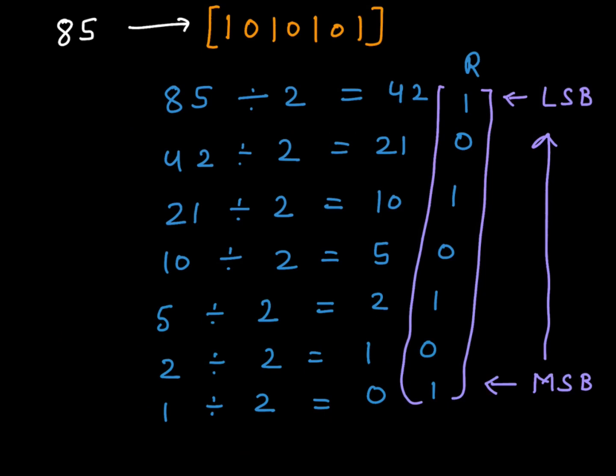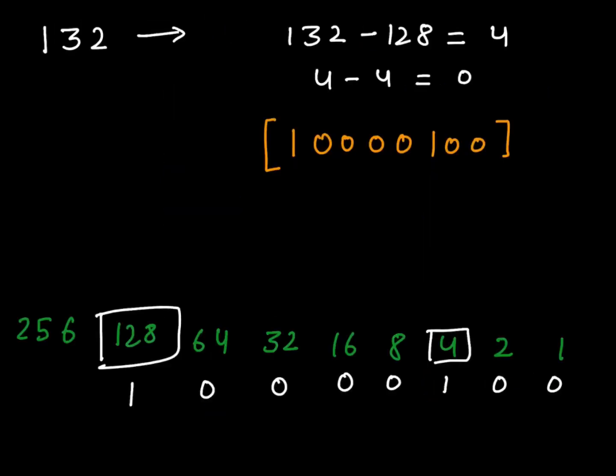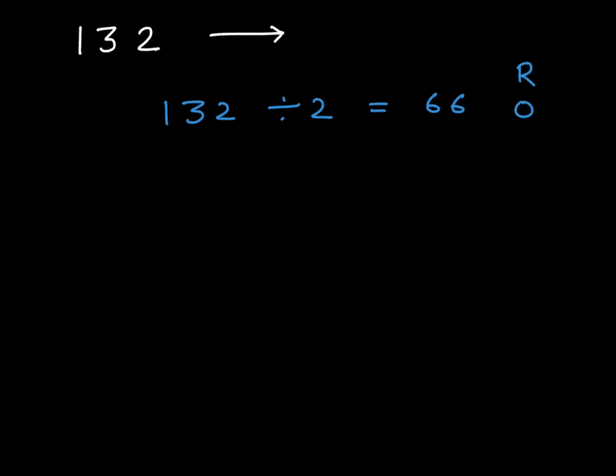Now we're going to use the same method on another example, converting the decimal number 132 into a binary number. We divide 132 by 2, so we have 66 with remainder 0. Now we divide 66 by 2, so we have 33 with remainder 0.